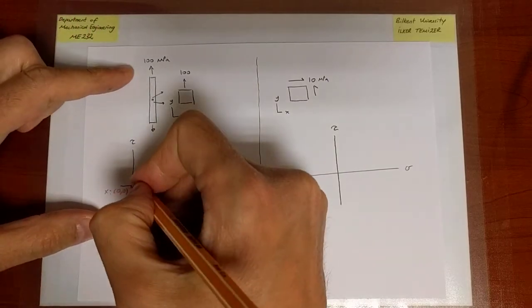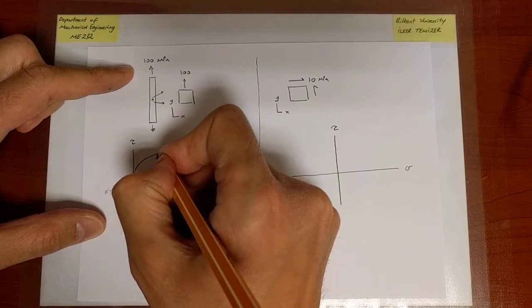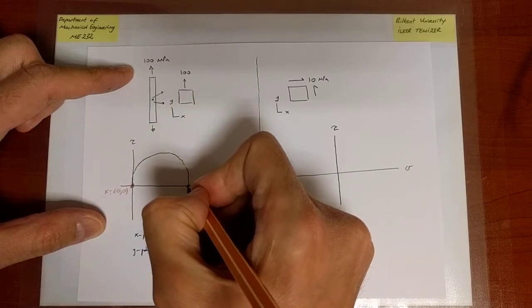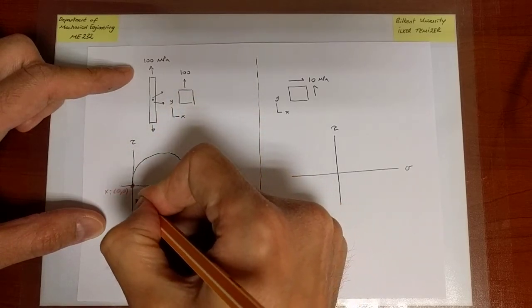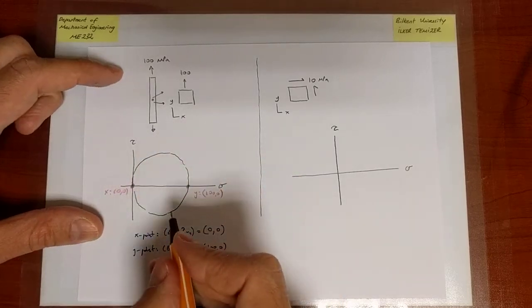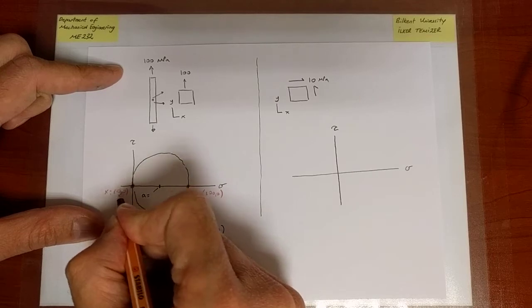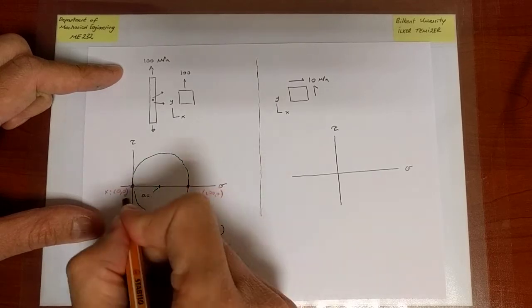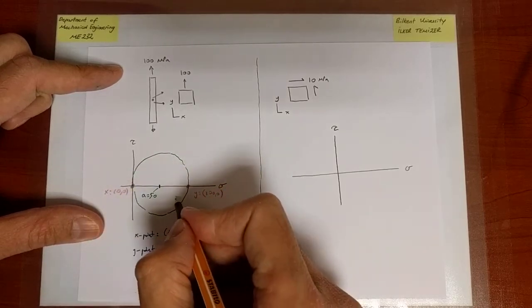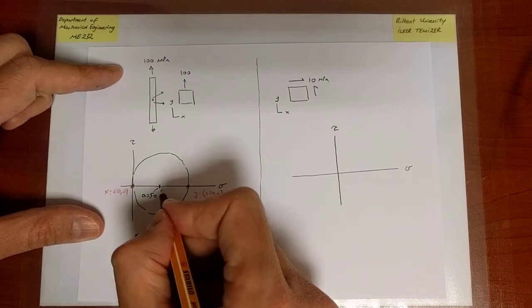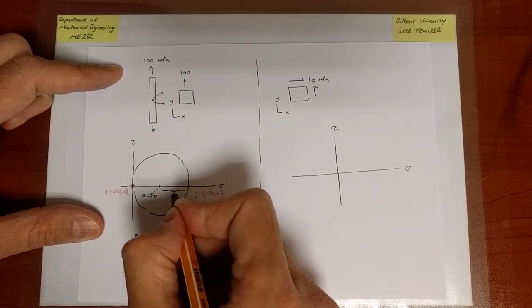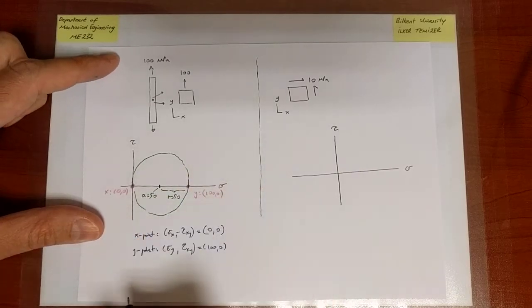So first, of course, I can draw the Mohr circle. It's clear that it's going to be like this. And I can immediately identify its center, which is a equals sum divided by 2, so 100 plus 0 over 2, 50. And the radius is obviously, in this case, trivially equal to also 50.